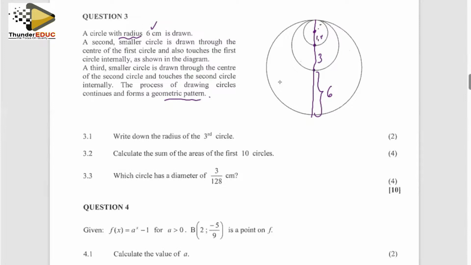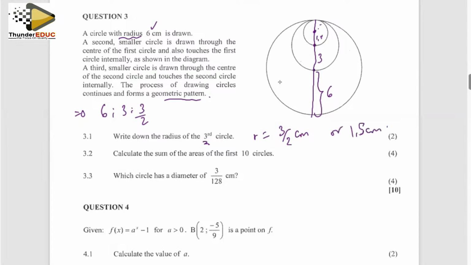Let's start by looking at the pattern that would be created. The first radius of the big circle is a 6. The second one is going to be a 3. Since it's geometric, we're just multiplying by a half or dividing by 2, which means that must be 3/2. So the radius of the third circle is going to be 3/2 centimeters or 1,5 centimeters.